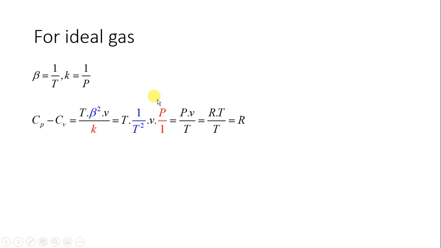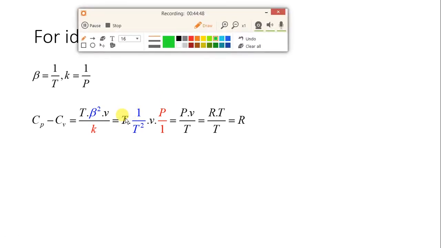P will go in the numerator. So in this equation, the temperature and this square will cancel, and you will get PV upon T. So Cp minus Cv is PV upon T. Now this V is specific volume. What is the equation for ideal gas?